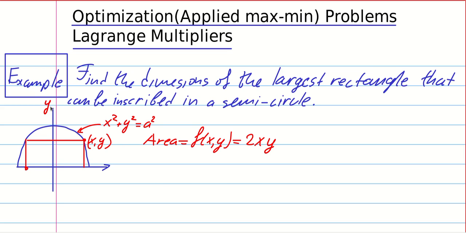This is our y direction, this is our x direction, this is negative x, this is positive x. So 2x times y would be the area of this rectangle. And we want this area to be the largest.